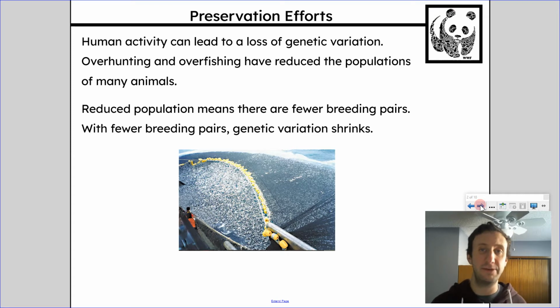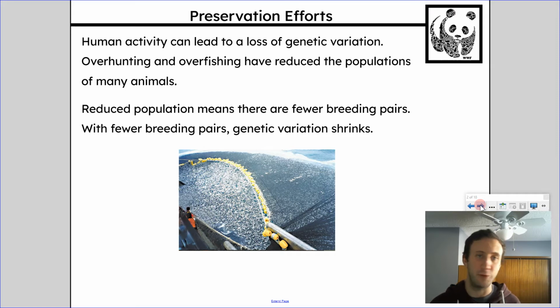If I have less diversity, then when a change comes along, I don't have things that are necessarily adapted to that change because they're all basically identical, right? When I have low genetic diversity, all of the organisms in that population are very, very similar. And so human activity leads to a loss in this genetic diversity or genetic variation.